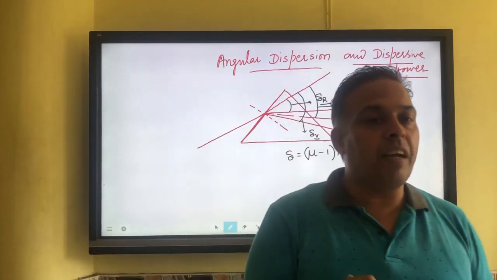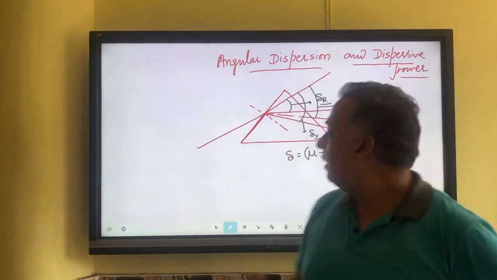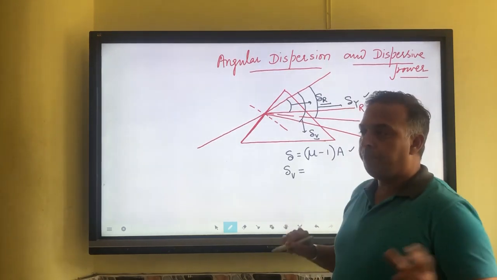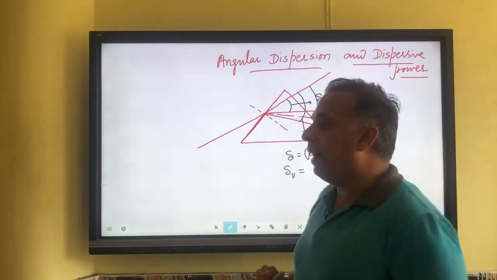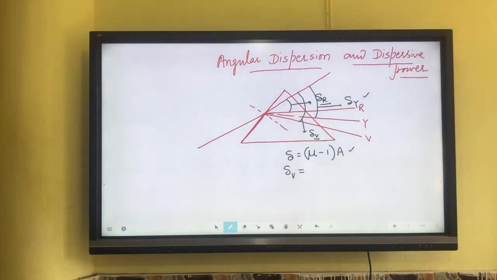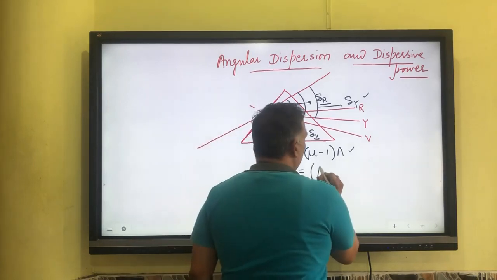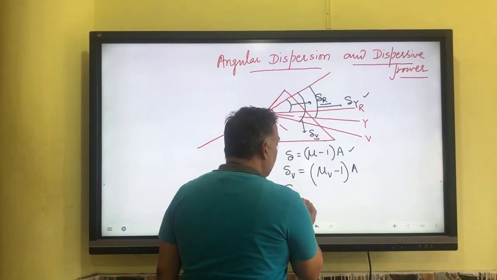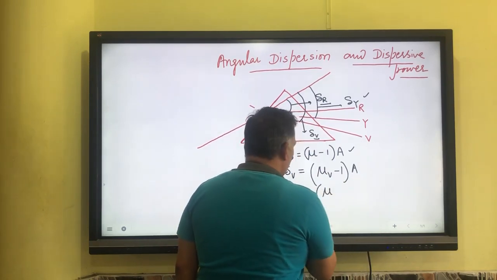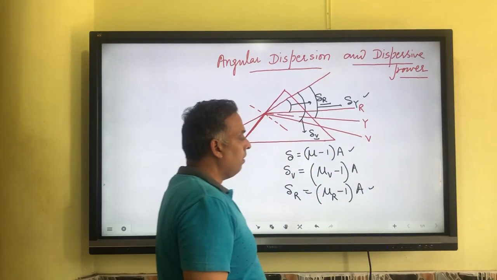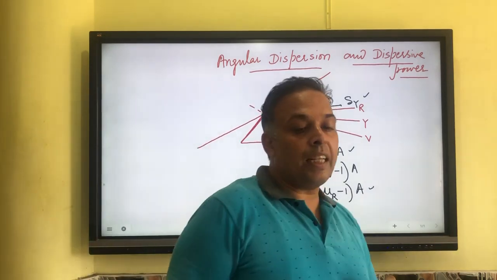The deviation for violet color is delta V, which is (mu V minus 1) into A, and delta R is (mu R minus 1) into A. So these are the deviations.